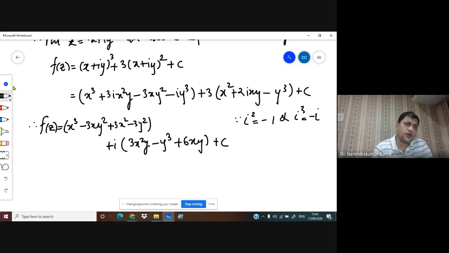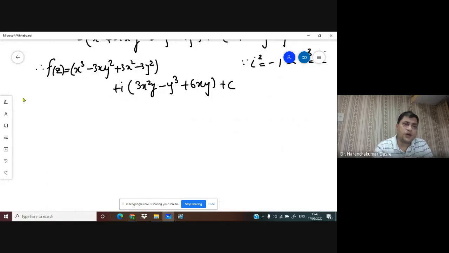Okay, so that's what we are able to get. Now compare with the real and imaginary part.